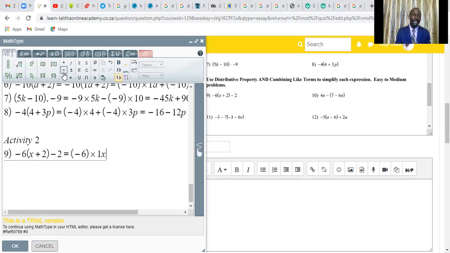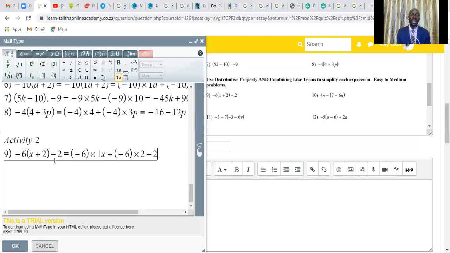Then later, we will have negative 6 distributed onto 2. That is negative 6 is being distributed onto what? Onto a 2. That is times 2. Then now this way, we can later copy the 2 which is remaining.